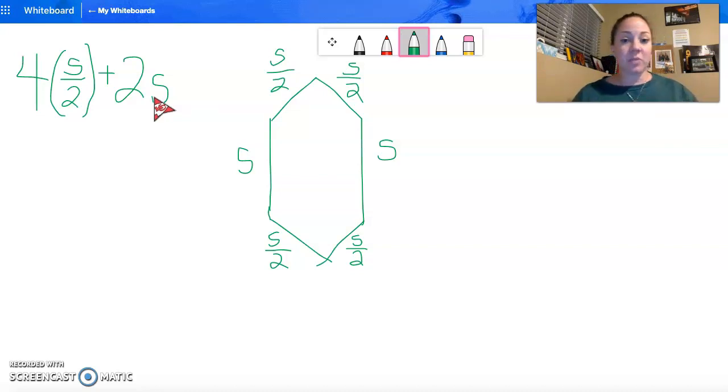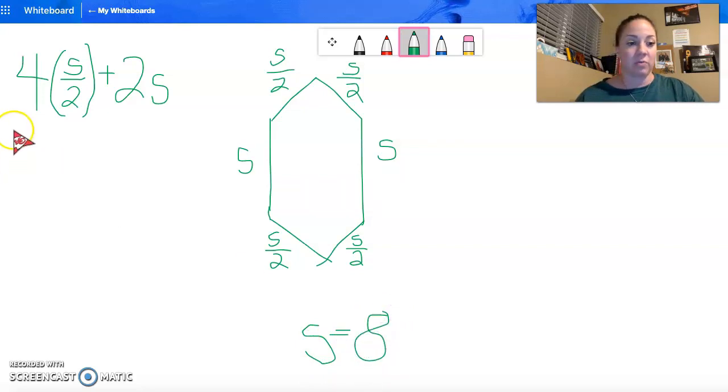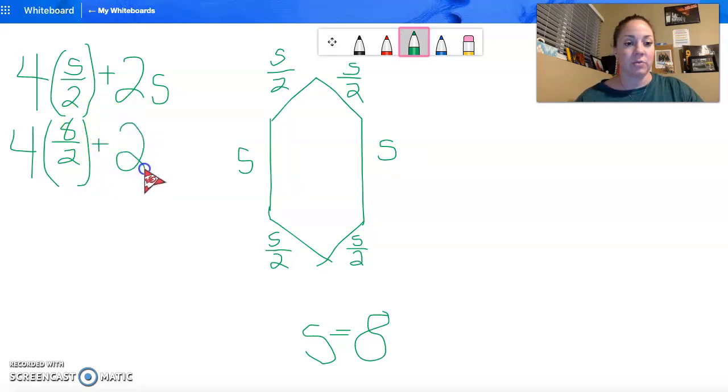So for our expressions for both of them, s is going to be equal to 8. So we would substitute 8 in place of all of our s's. So we have 4 times 8 halves plus 2 times 8.